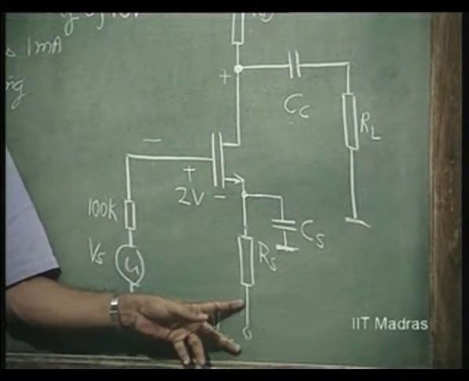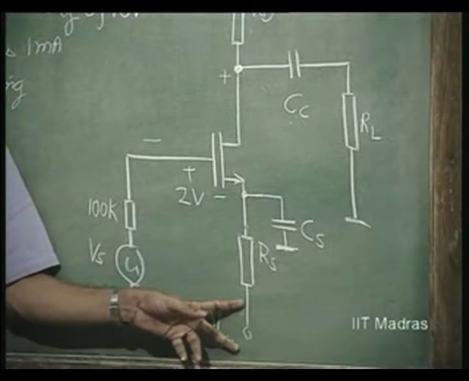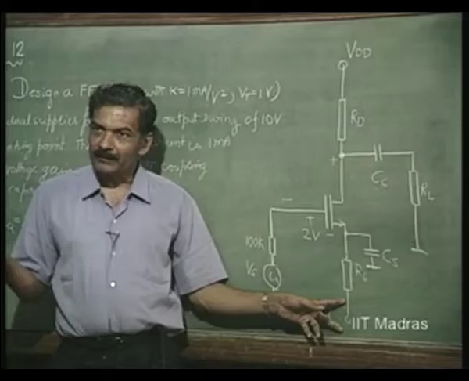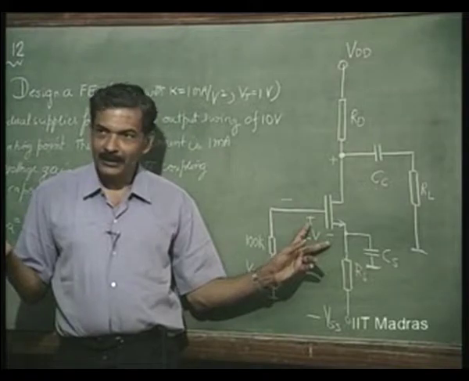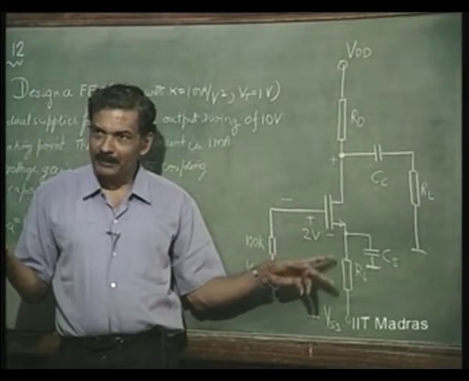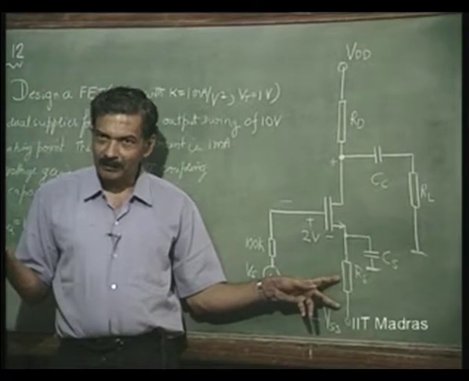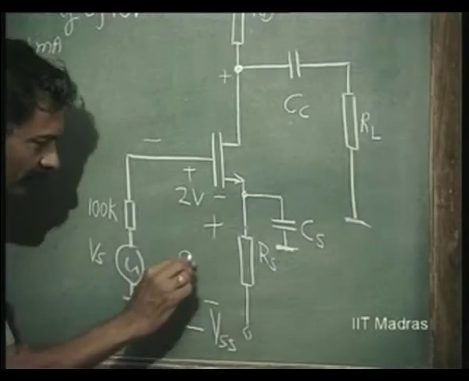So, that means I should have the drop of the order of 10 times 2 volts, which is 20 volts. So, I am now therefore making the operating point very stable. Operating point becomes relatively independent of the field effect transistor. Right. So, if this is 2 volts, I am selecting to make the operating point independent of the FET characteristics this drop as 20 volts.